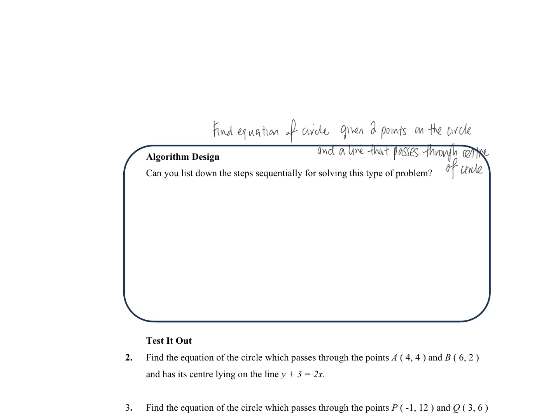Imagine I give you a question with two points on the circle, and another line that passes through the center of the circle. Then I ask, can you give me the equation of the circle? What are the steps that go through your mind? First, I need to find the midpoint of AB.